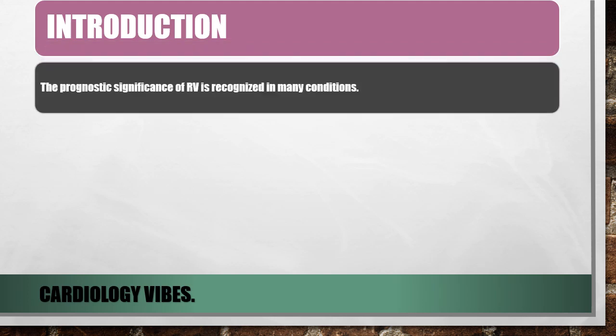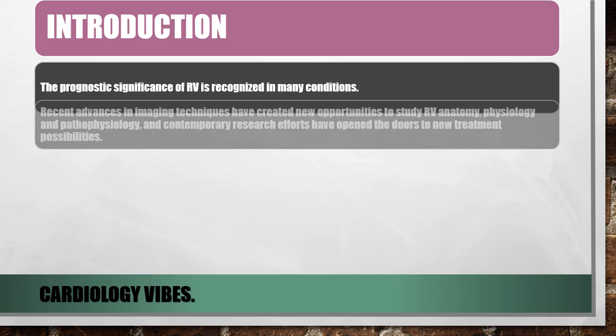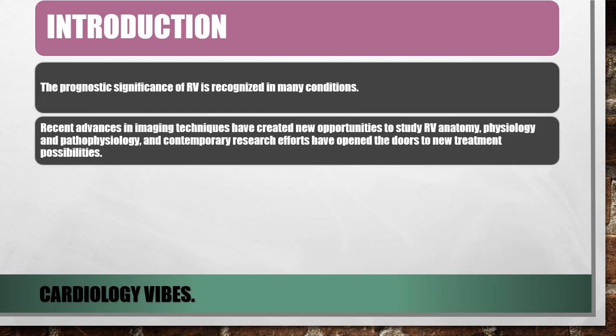The prognostic significance of the right ventricle is recognized in many conditions. Recent advances in imaging techniques have created new opportunities to study right ventricular anatomy, physiology and pathophysiology, and contemporary research efforts have opened the doors to new treatment possibilities.